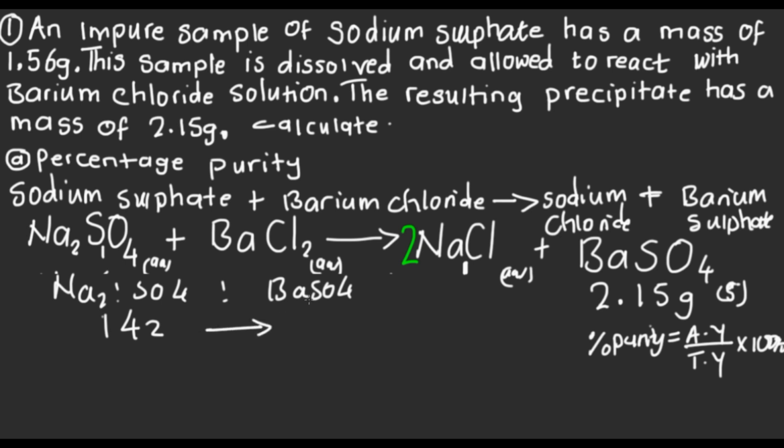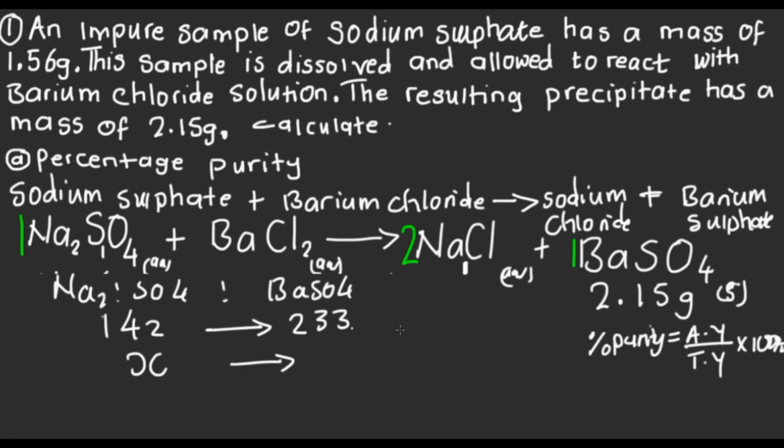Then barium sulfate gave us a molar mass of 233. Then here we are going to put X on the sodium sulfate since the number is not given. And for this stage, remember to consider the mole ratio. The mole ratio for sodium sulfate is 1. The mole ratio for barium sulfate is 1. So we can just ignore it since the numbers are even.